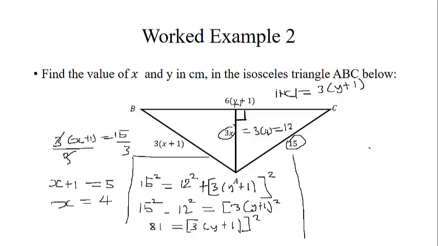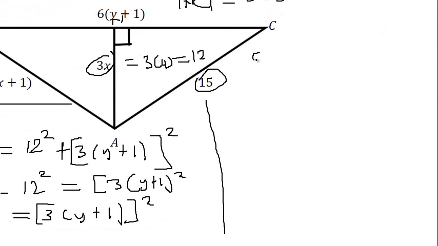Now 81 is same as 9 squared. So we have 9 squared is equal to 3 into bracket y plus 1 all squared. Now, since the exponents are the same, we equate the bases.